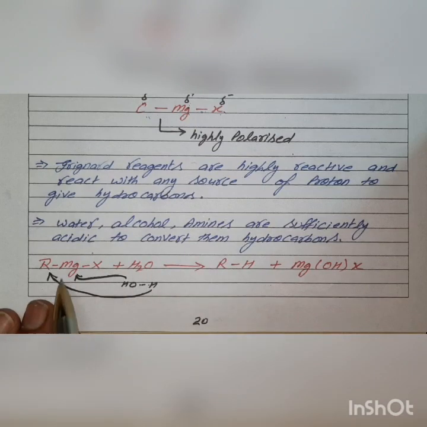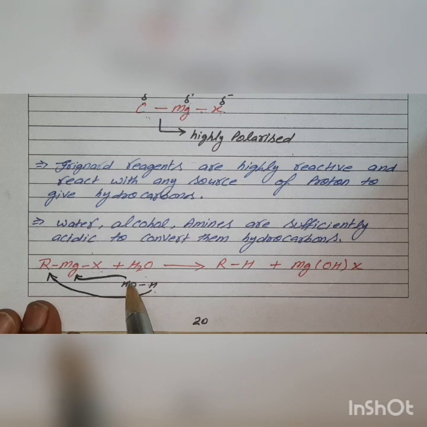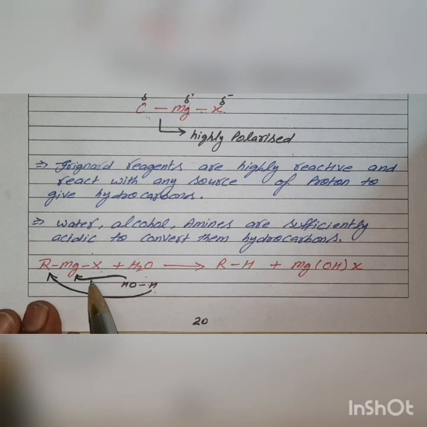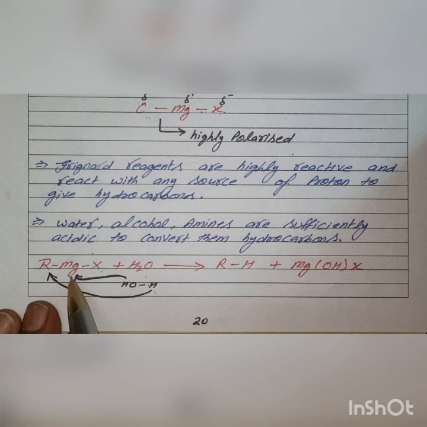Just like when the Grignard reagent reacts with water. If you break water, it forms OH and H. The OH is electronegative, and the electronegative part always moves towards the electropositive part. In the Grignard reagent, Mg is electropositive, so OH moves towards Mg.